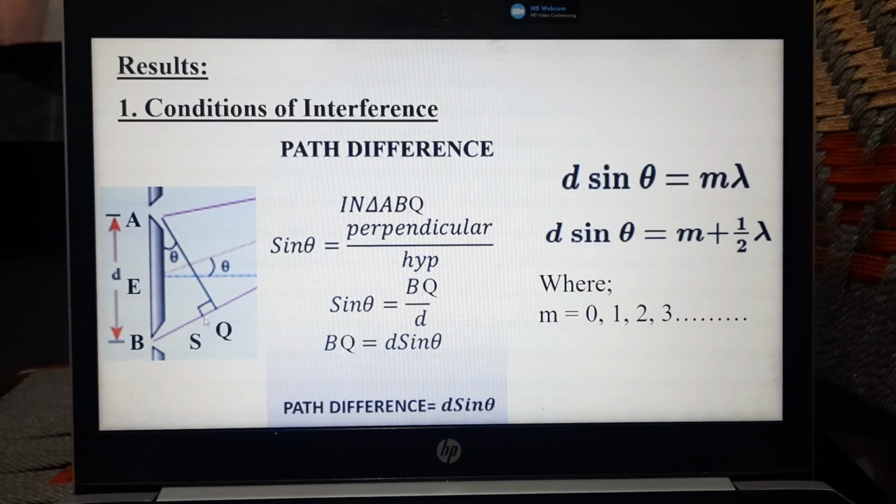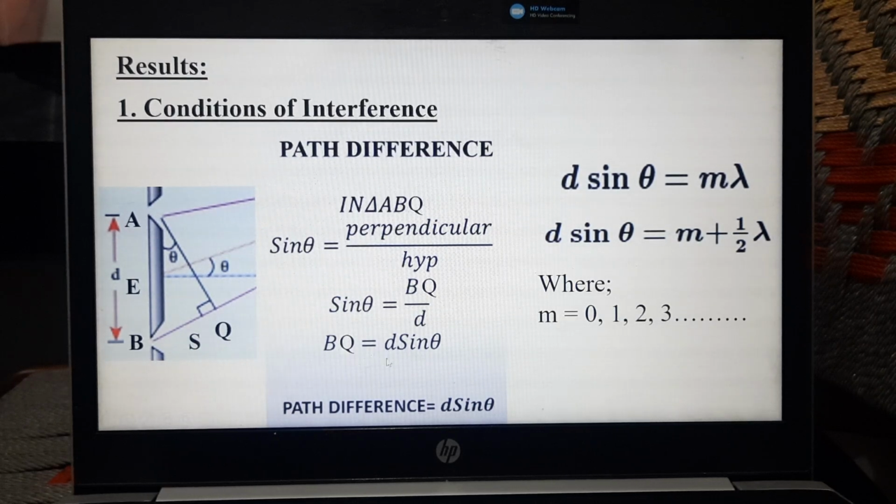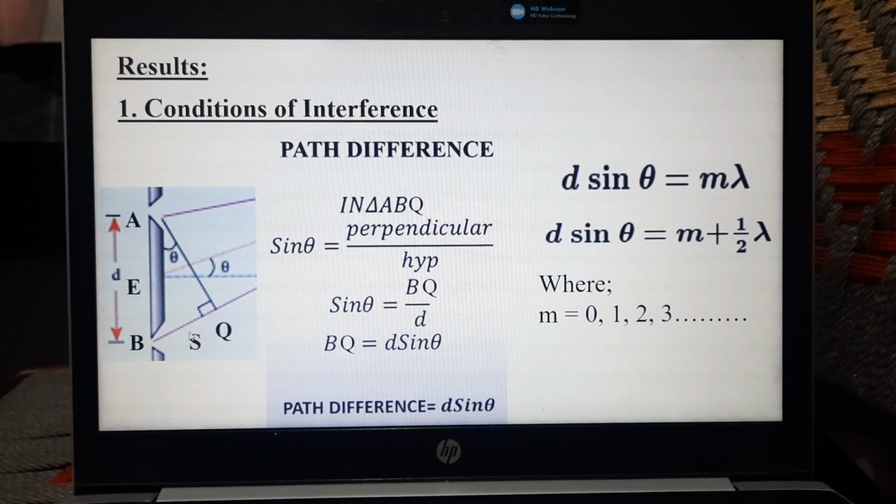Perpendicular here is BQ and hypotenuse here is d. So sine theta equals BQ divided by d. Since BQ is the path difference, BQ is equal to d sine theta. So here, path difference comes out to be d sine theta.